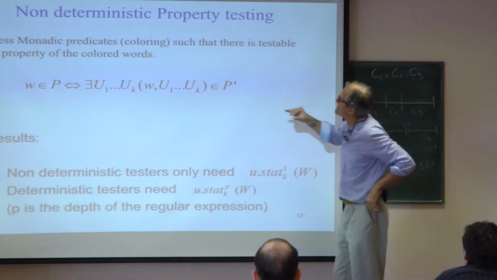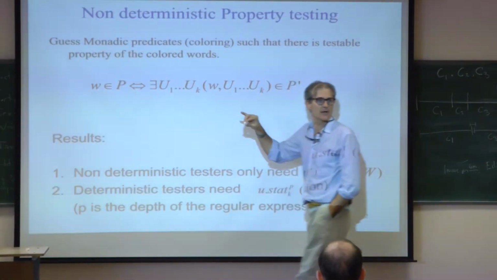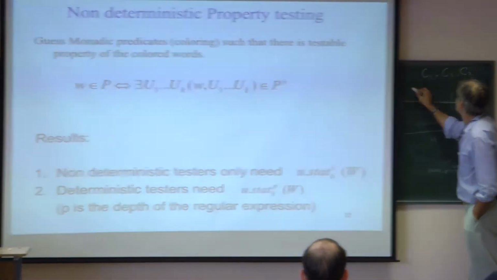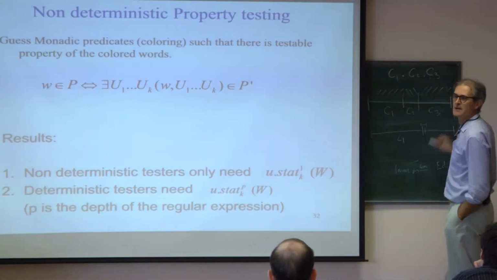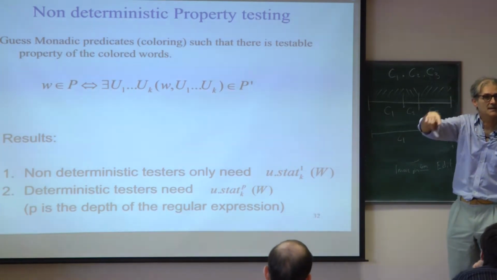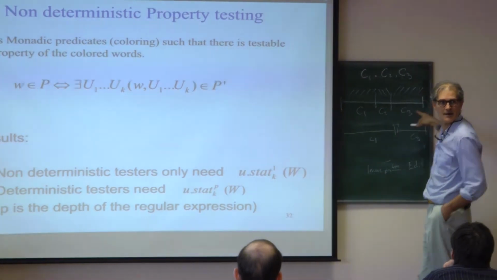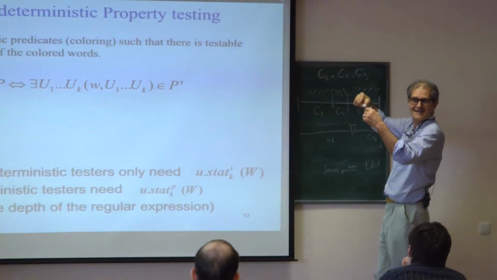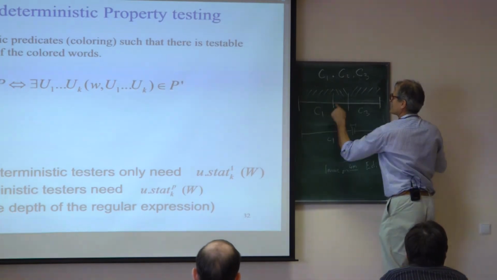Well, you guess essentially monadic predicates. It's like putting a color here. You put a color here, a color there, and a color here. You need 3 colors. So you need 3 extra monadic predicates. And now the colored words, okay, if you're looking at the statistics of some order, you can project on the statistic of C1.